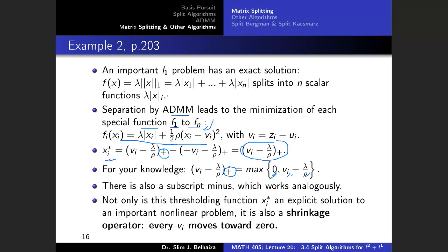What is the intention of this? To take the absolute value. So the absolute value comes from here.